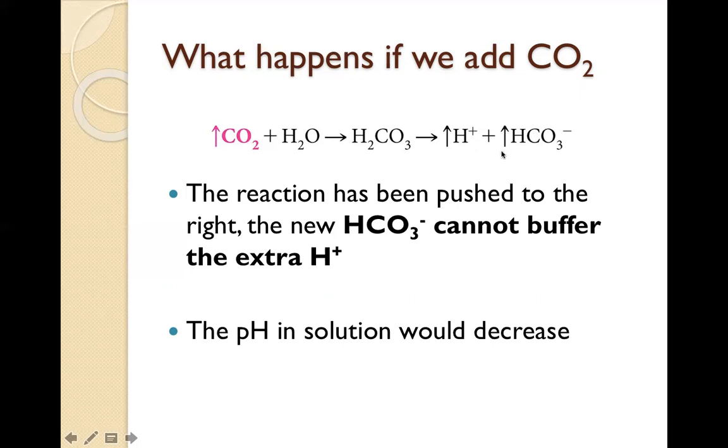And so this bicarbonate cannot buffer the hydrogen ion that came from the carbon dioxide reaction. It can't. This bicarbonate can go buffer a different acid, but it can't buffer the acid that was produced from this reaction. So overall, if we have a higher carbon dioxide concentration in our blood, that is going to effectively increase the amount of hydrogen ions that we have in solution, and that's going to cause our pH to decrease.